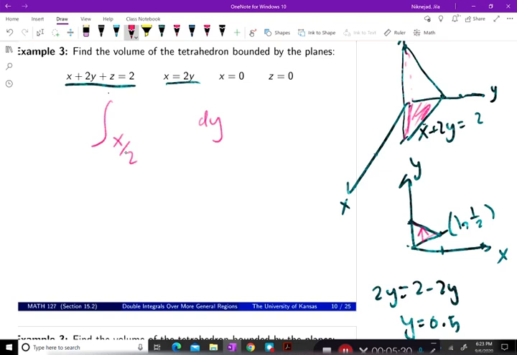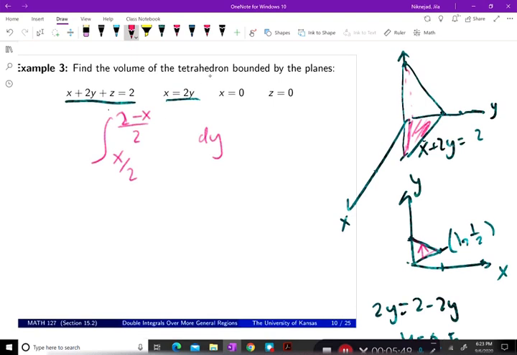The upper one is y equal to 2 minus x, over 2, right? And so that's the y. And then we're finding the, and I'm going to tell you what the integrand is in 1 minute, so you will have dx, and dx runs from 0 to 1.